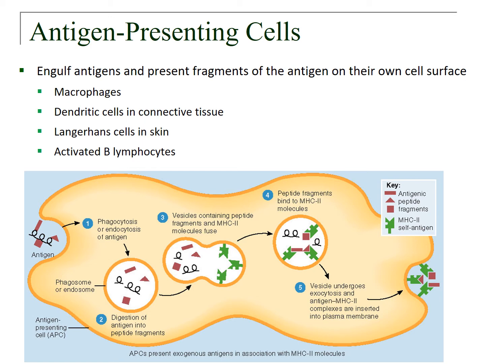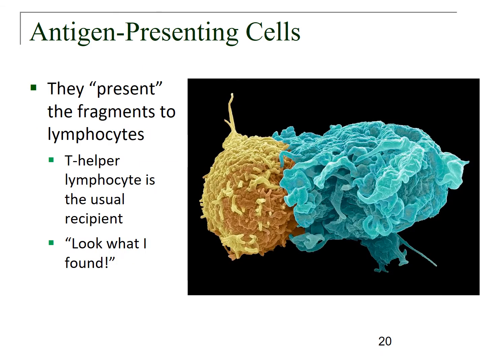And so, again, the biggest thing that I want you to remember is that this is a foreign antigen that is being taken in, cut apart, and presented on the surface of this cell. So they present these fragments to the lymphocytes, and the T helper lymphocyte is the usual recipient. So basically what you've got here is a T lymphocyte in yellow and the antigen presenting cell in blue, and the antigen presenting cell saying, hey, T helper lymphocyte, look what I found.